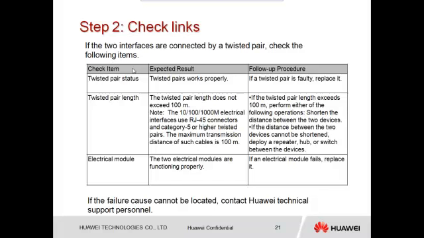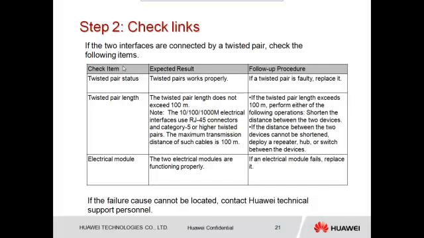We want the twisted pair to work properly, but if a twisted pair is faulty, we need to replace it. Then check the twisted pair length. The twisted pair length shouldn't exceed 100 meters.